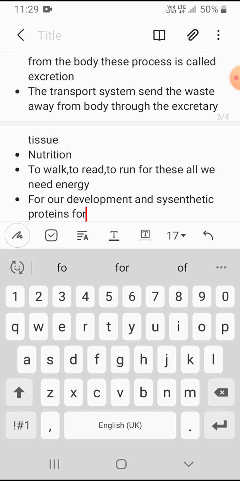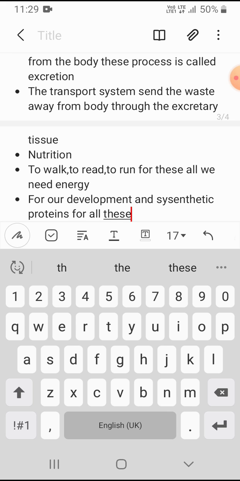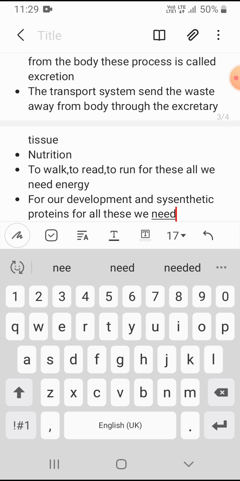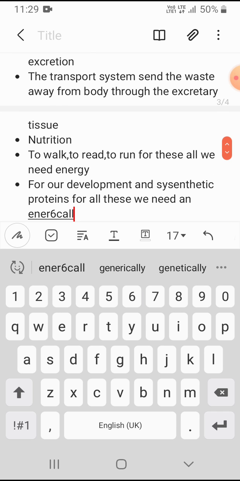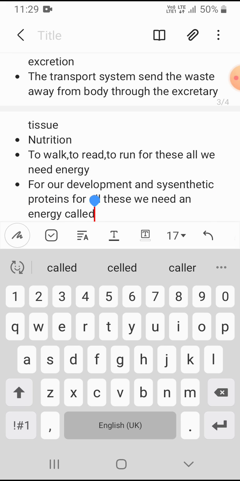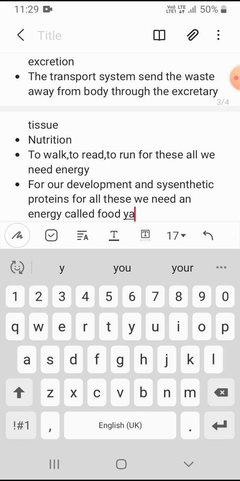For all these we need energy from the food that we eat every day.